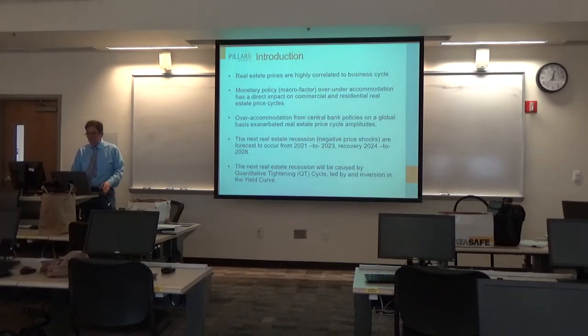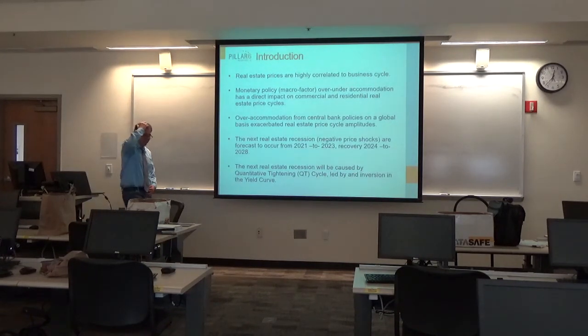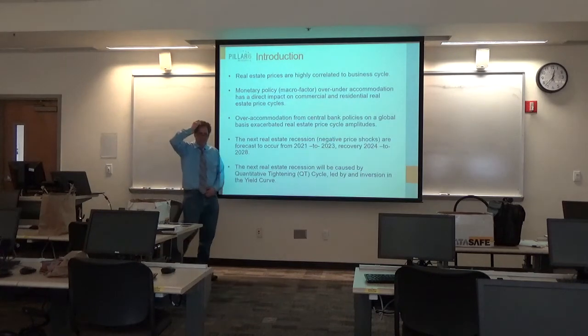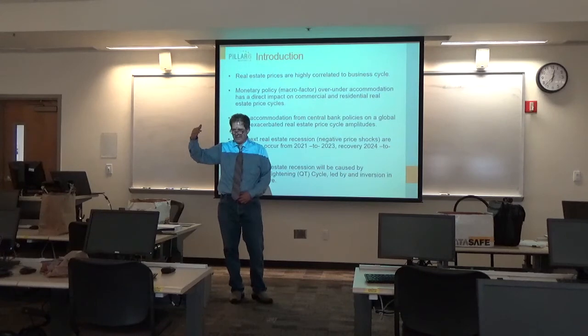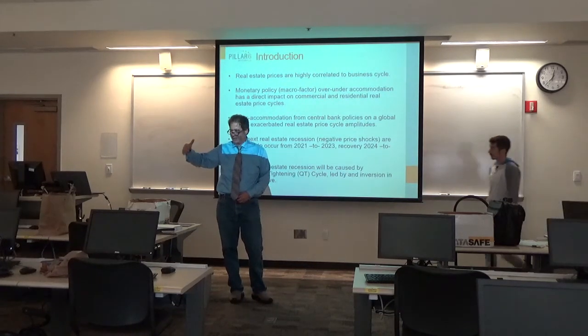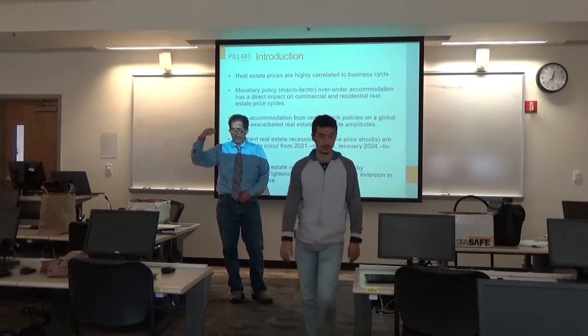So basically the thesis of the presentation was to talk about the unorthodox monetary policy and the over-accommodation we've gone through over the last 10 years, and how the jury is still out on the implications and ramifications of that over-accommodation.